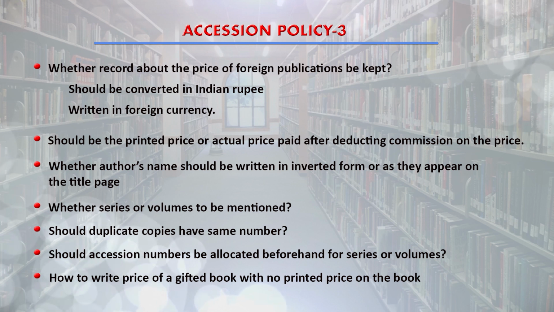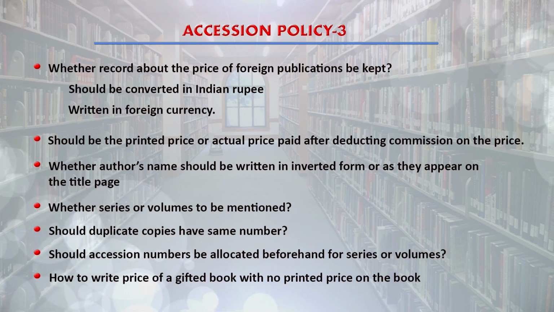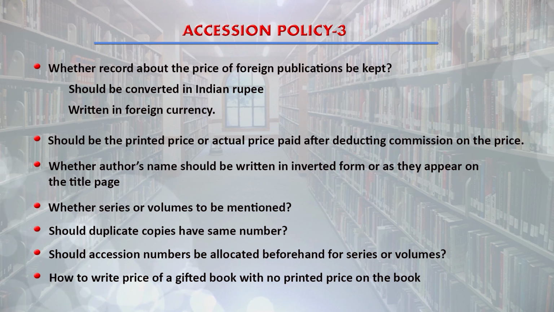But why do we need this? Because later on, if this book is destroyed, misplaced, or whatever happens, if you want to weed out this book, then you need to give a figure for how much worth of book is missing. So there you need the price of gifted books as well.